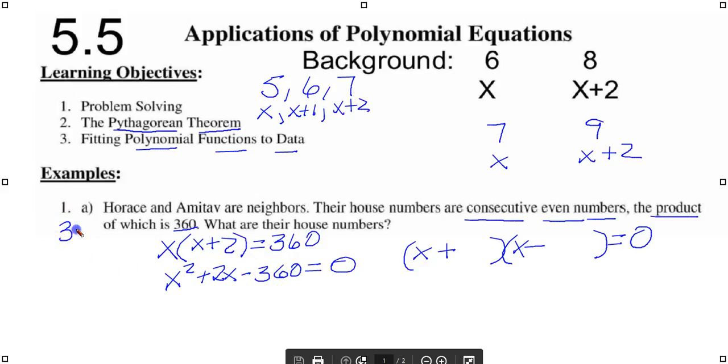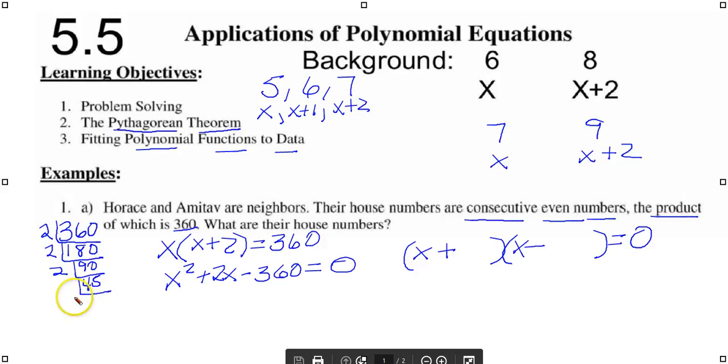Do a little prime factor tree where 2 will go into there, 180. 2 will go into there, 90. 2 will go into there, 45.